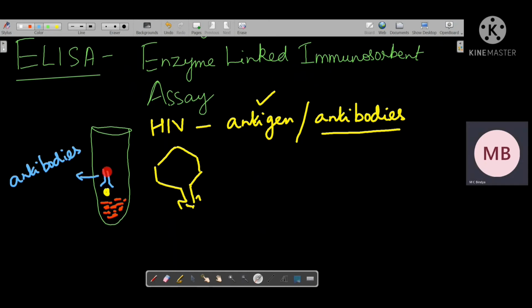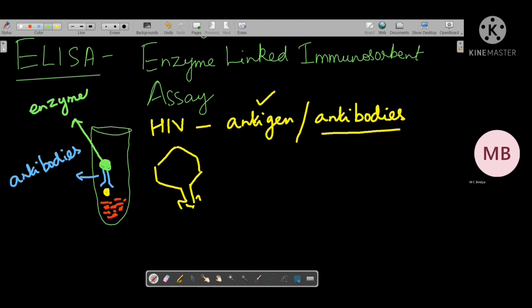And to make it visible, they use enzymes. If these enzymes are able to stick with the antibodies, that means the antibodies are forming a bond with the antigen which is present here, that is the HIV antigen, which means that HIV virus is present in the blood sample.